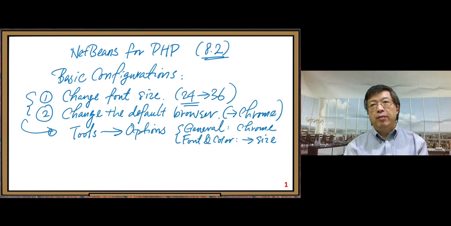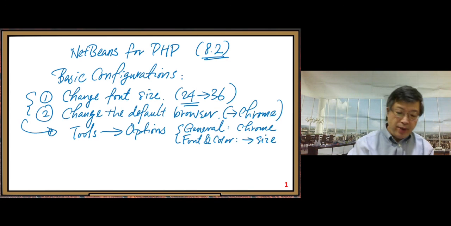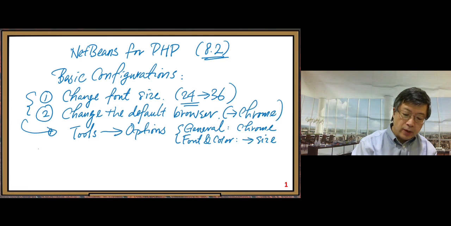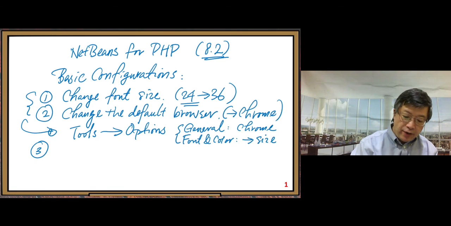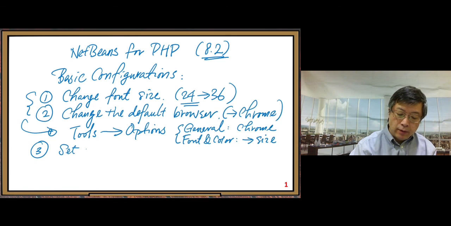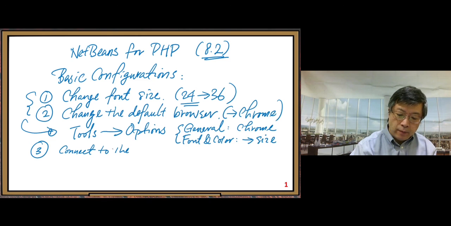For project development, we need to set two things to make it work. Now, let me just continue. Third, configure or connect to the document root.